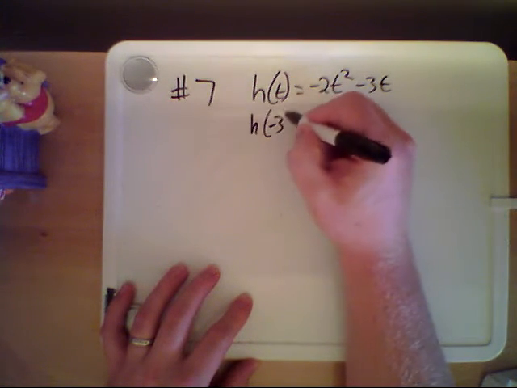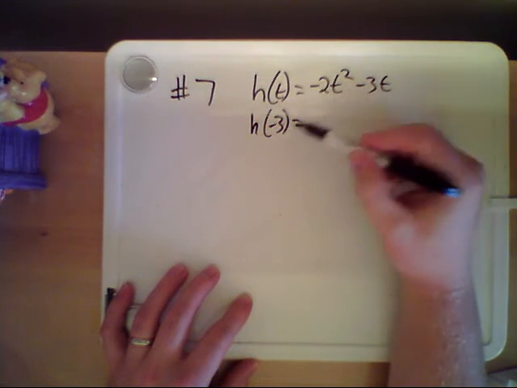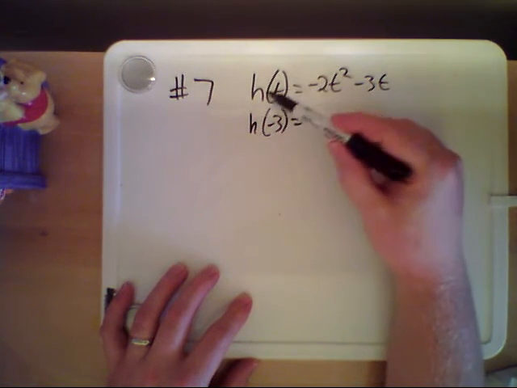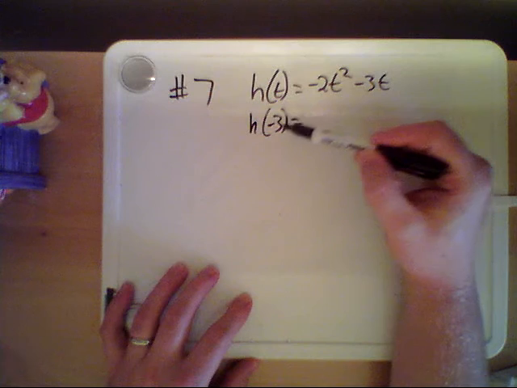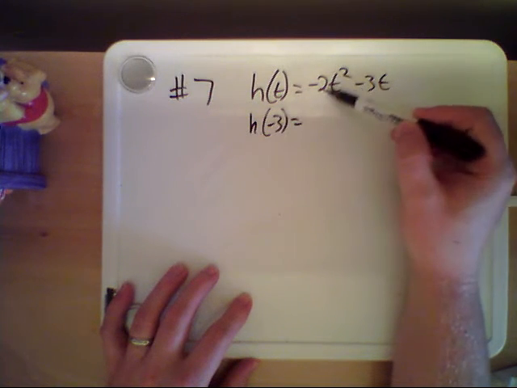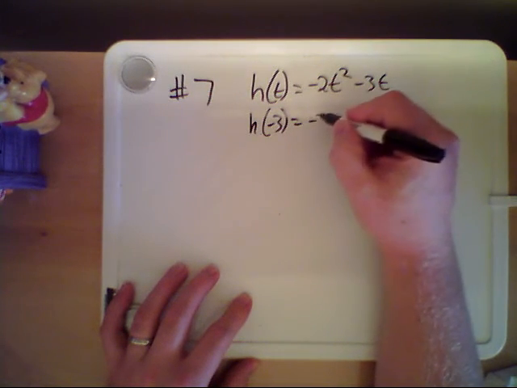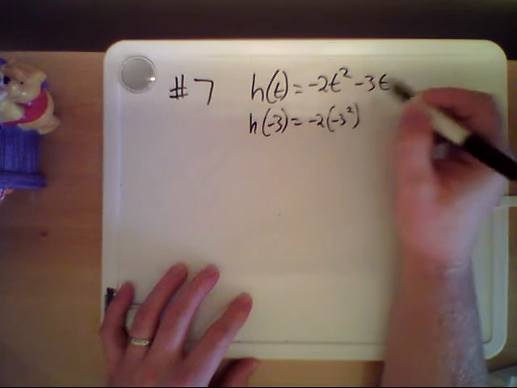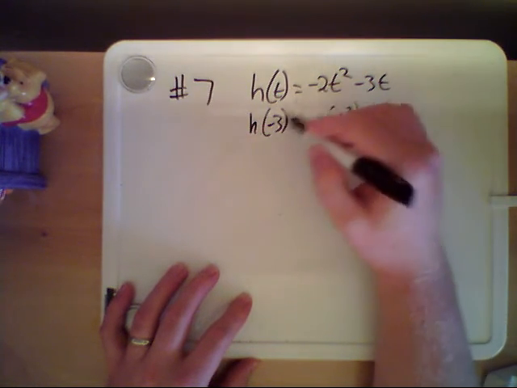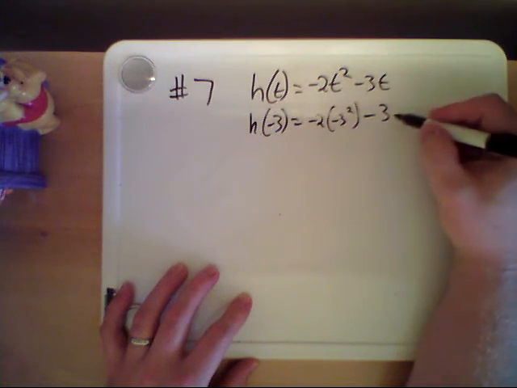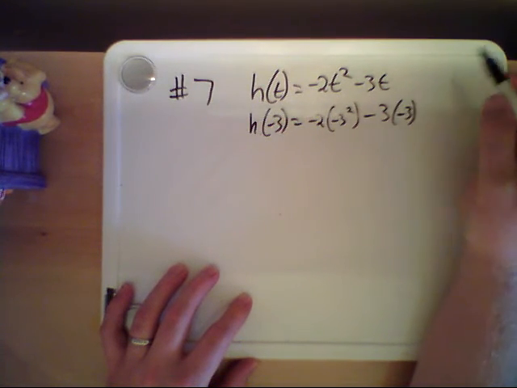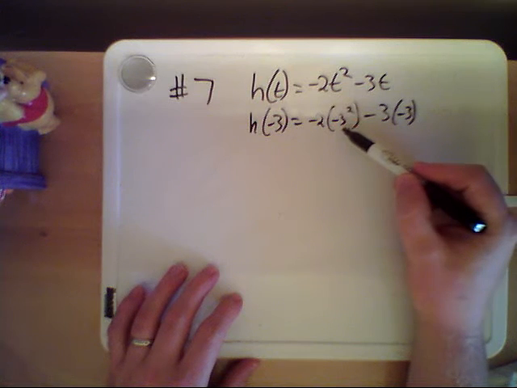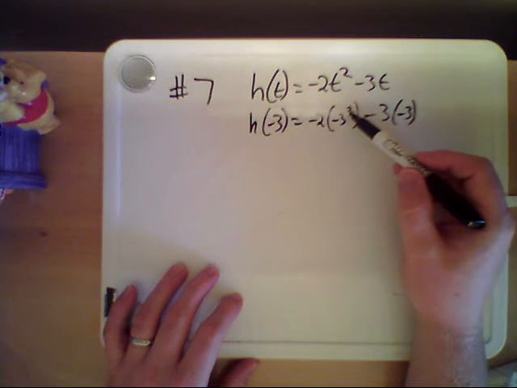h of negative 3. Okay, so anytime we see a t, we're going to put a negative 3 through the h machine, and that instruction is basically anytime we see a t, we're going to plug in a negative 3. So we have negative 2 times negative 3 squared minus 3 times t, which is negative 3. So 3 times negative 3. Okay, negative 3 squared is going to be 9.